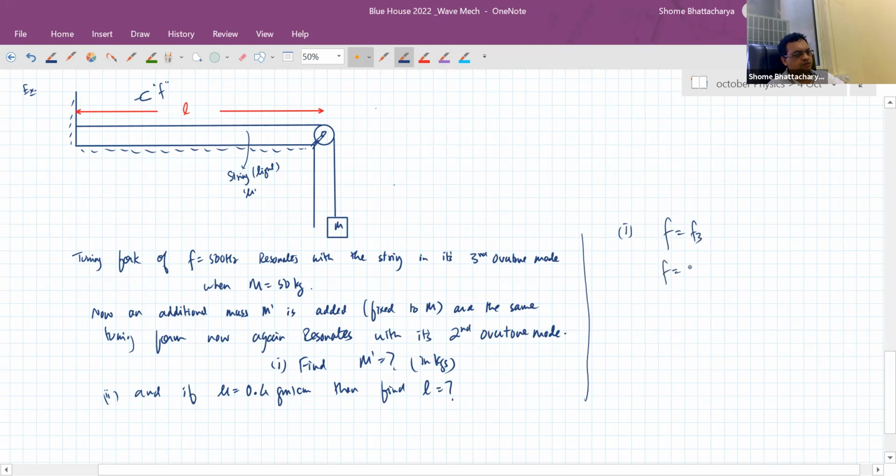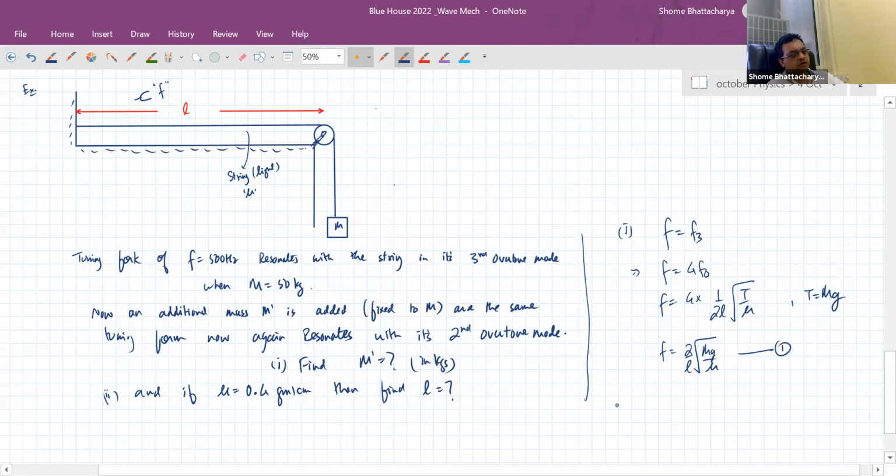So this frequency should be equal to the fourth harmonic of the fundamental. So F should be equal to 4 times 1 by 2L square root T by mu. And in this case, the tension will be equal to mg. Okay. So F is equal to 2 by L square root of mg by mu.